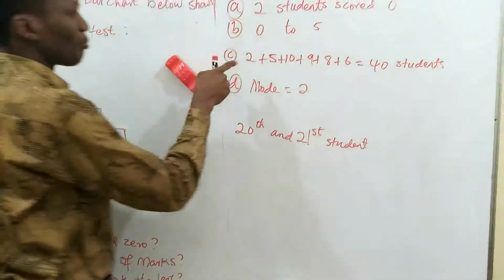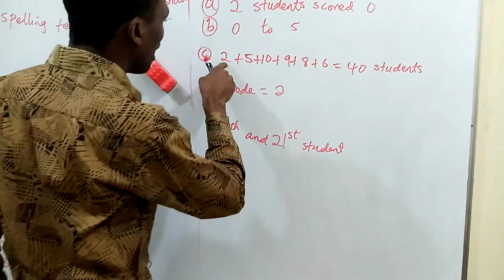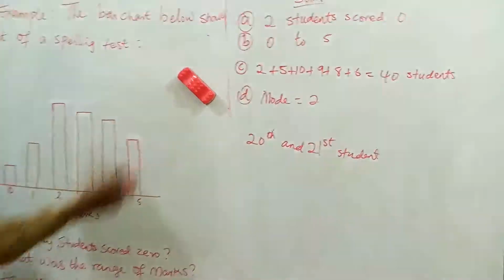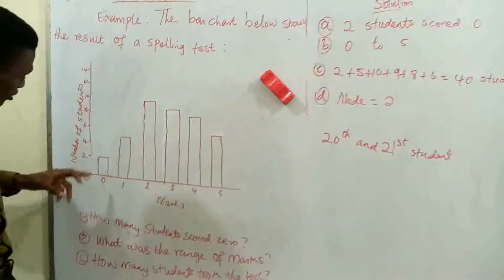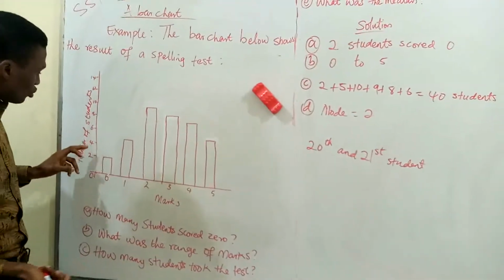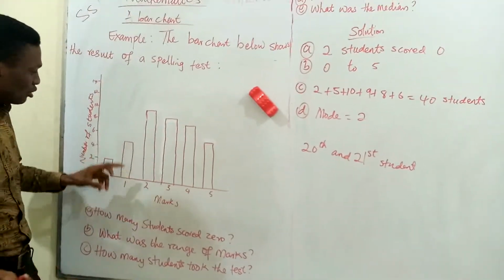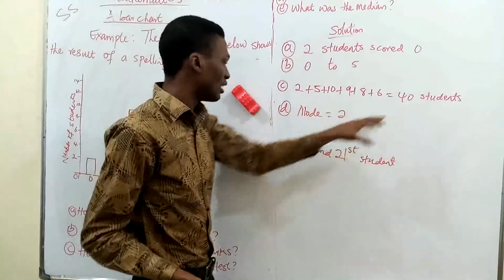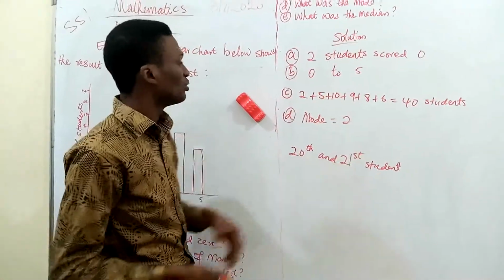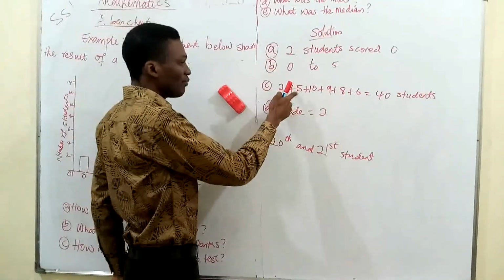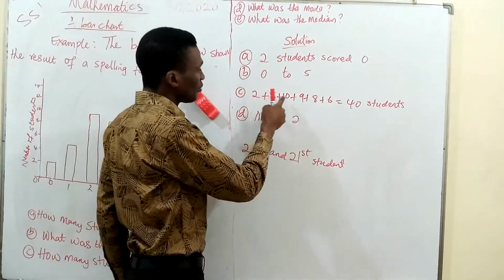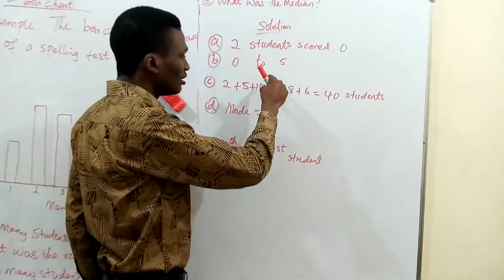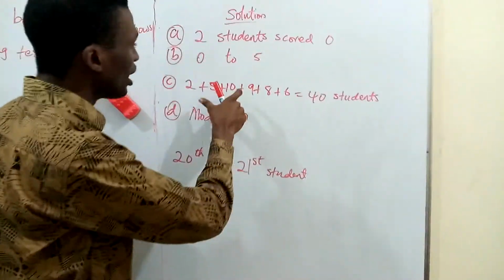Okay, now from our table of scores, we say 2 people had 0, 5 had 1, 10 had 2, and so on. From where we have our 40 students, how do we get our 20th and 21st students? 2 plus 5 is 7, 7 plus 10 is 17. Okay, this is not arranged in order of size.